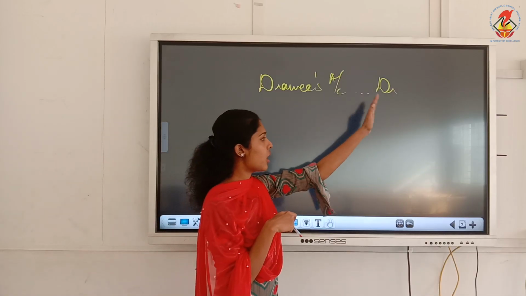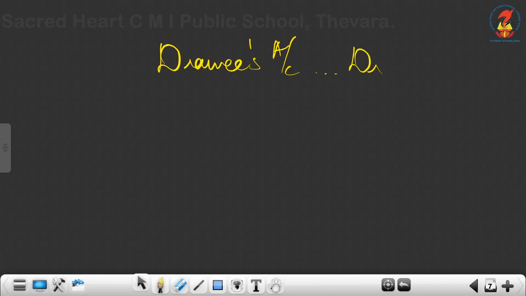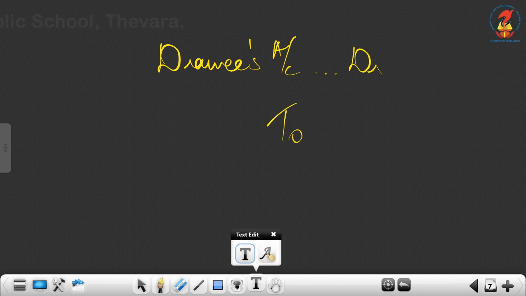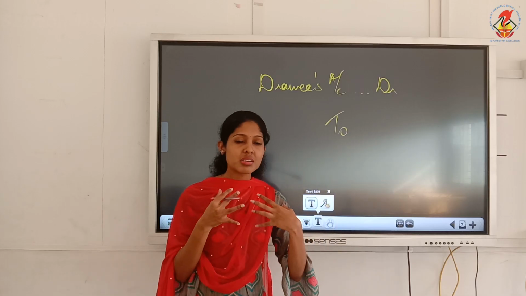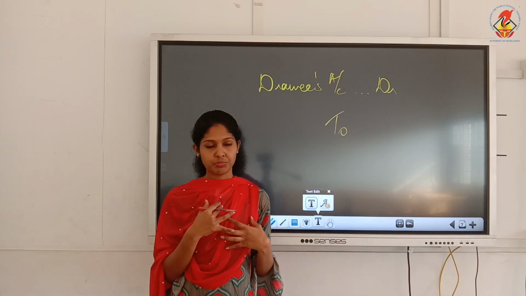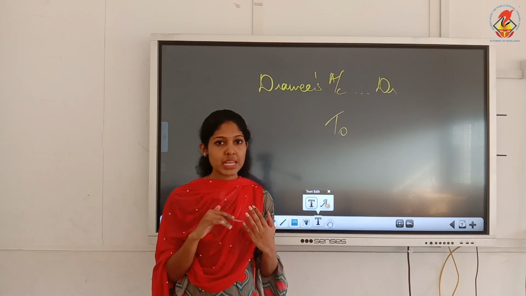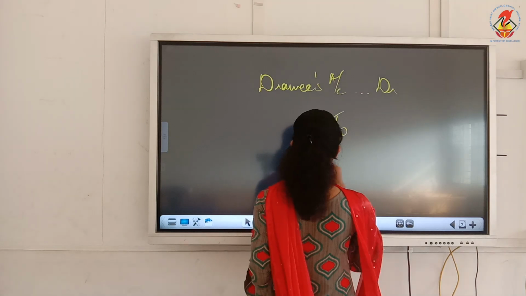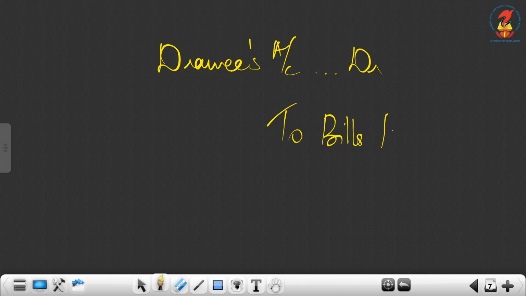The basic entry is customer debtor to cash or bank. But now we won't be writing to cash or bank because we haven't received anything from the debtor, isn't it? What did we receive from the debtor actually? We have received only bills receivable. So that is drawee's account debtor to bills receivable account.